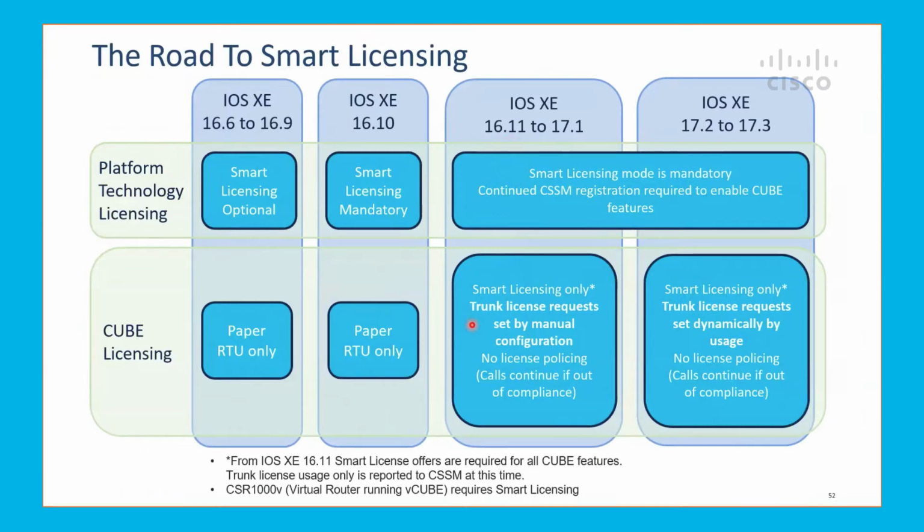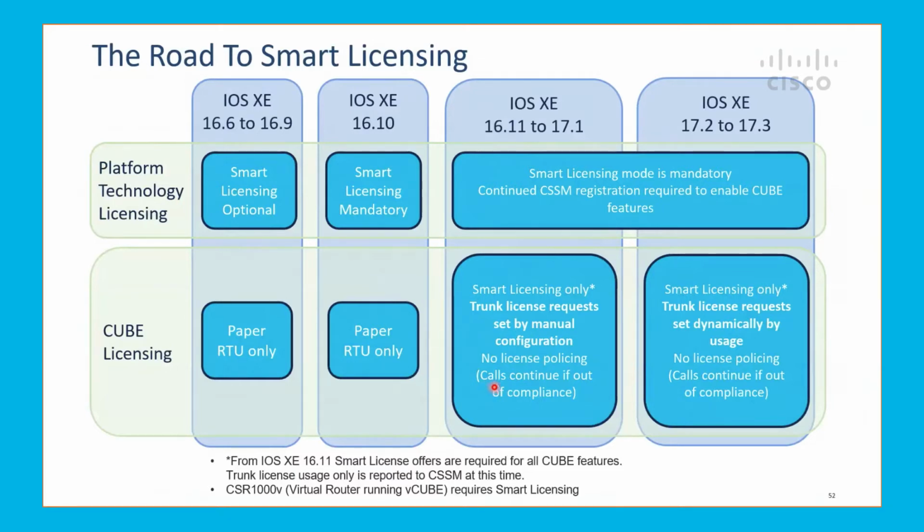However, when it comes to trunk license requests, those were set by a manual configuration. Meaning, if you remember the mode border element license capacity CLI, whatever number you put in there was reported back to CSSM. So licensing is not policed, meaning that if you go out of compliance, calls will still continue.